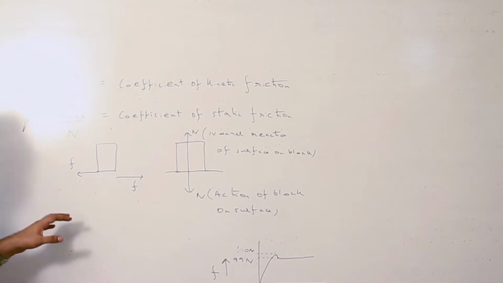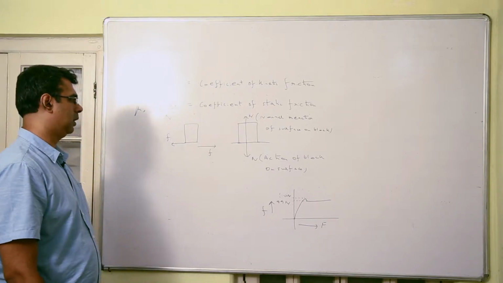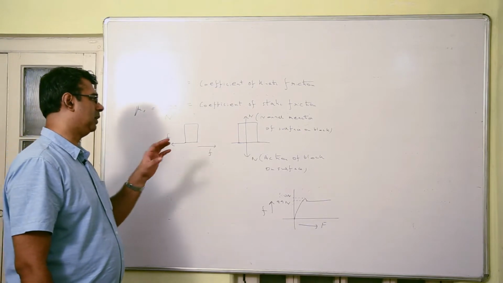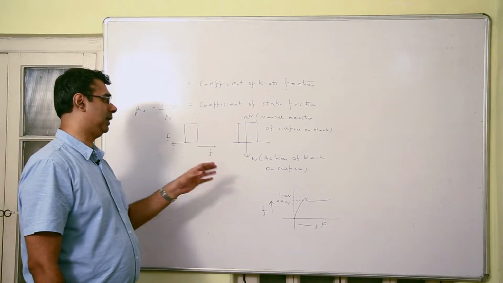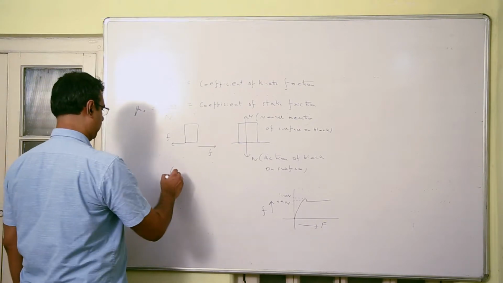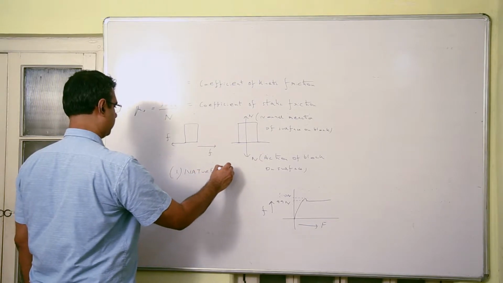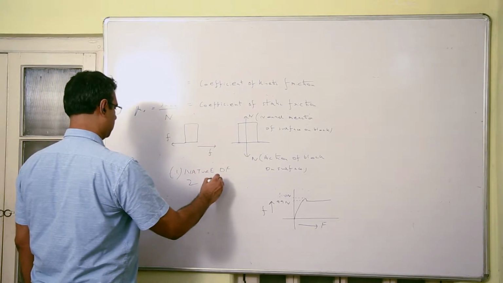Now, what are the factors on which friction depends? Well, essentially friction depends on the nature of the two contact surfaces.